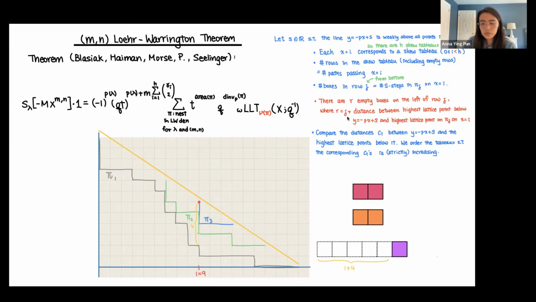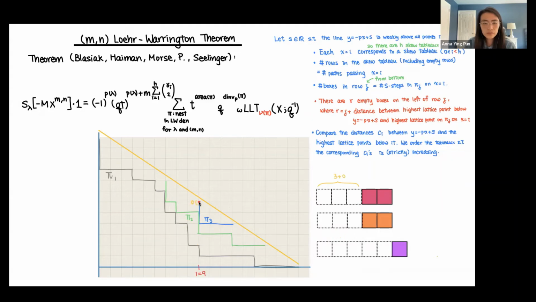Why is that 1? Because you're from pi 1. 1 plus 4, so that's why there are 5 boxes that you shift to the right. Look at 2: the distance is 1 and your index is 2, so 2 plus 1 is 3, so you shift by 3. And then pi 3, there's no distance here, so distance is 0, but your index j is 3, so 3 plus 0 is 3. So that's how you shift them.